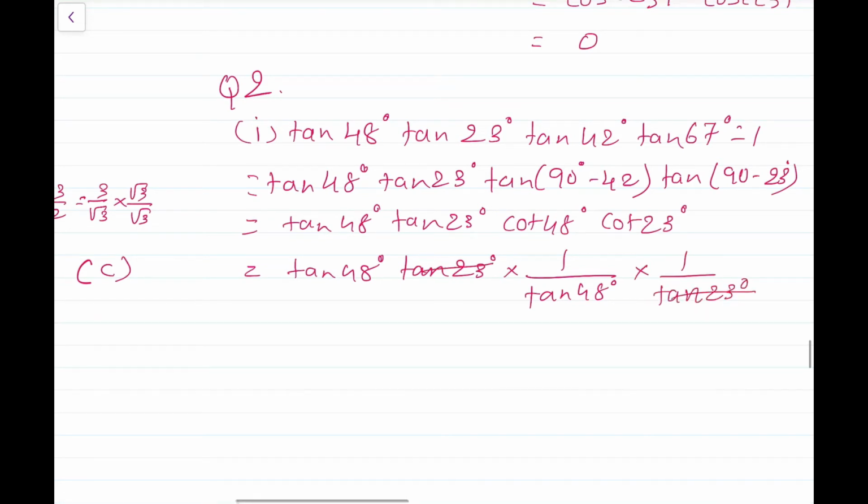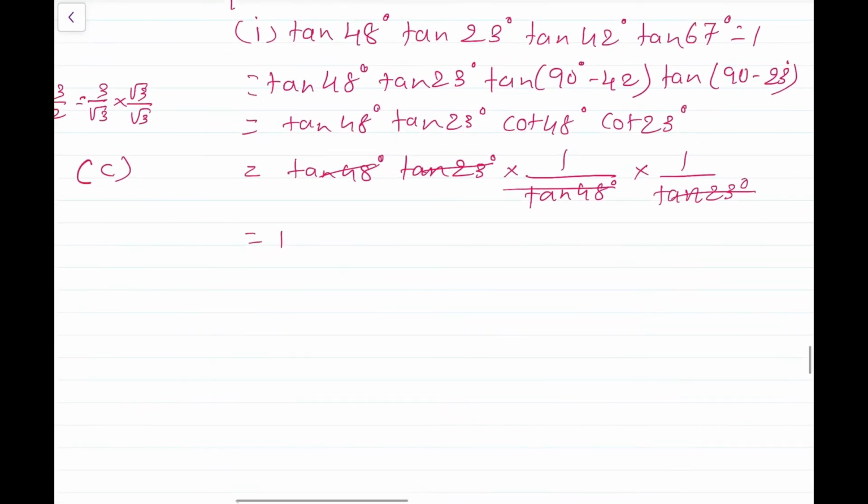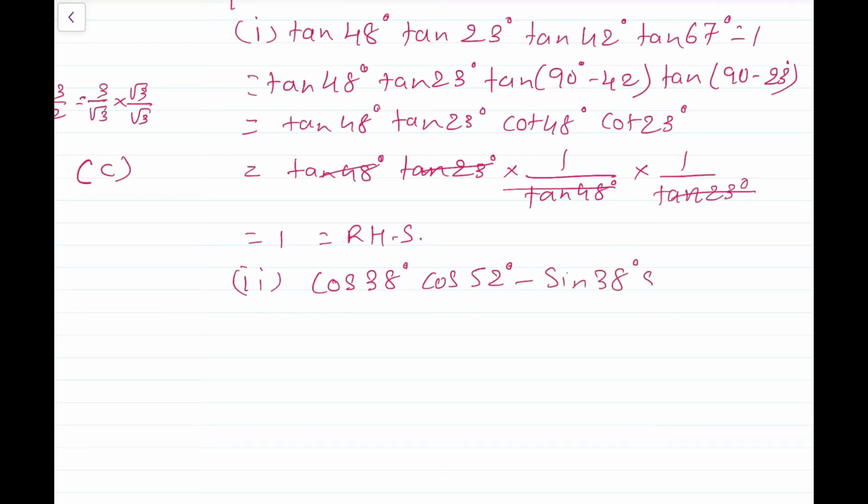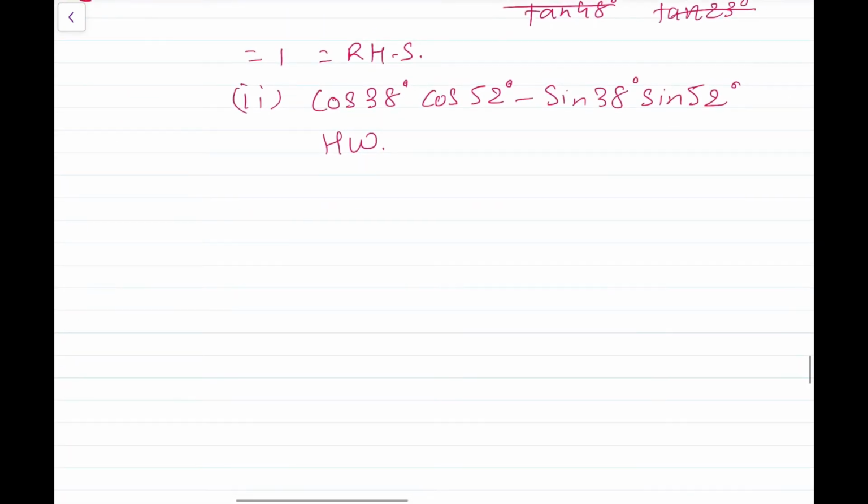We can eliminate this and get the answer 1, which is equal to RHS, hence proved. Number 2 is similar, where you have to do cos 38 degrees, cos 52 degrees minus sin 38 degrees into sin 52 degrees. Will you be able to solve this for homework? We go ahead with question number 3.